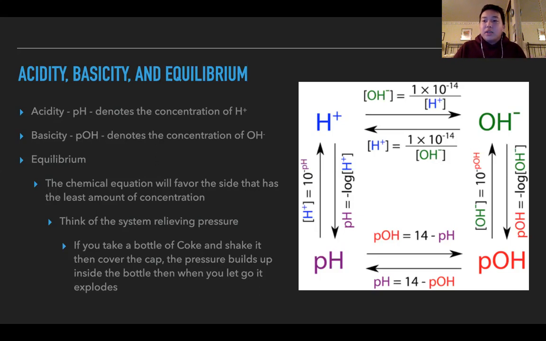If I open it, cover the cap with my hand and I'm shaking it, think of the inside of the bottle as one side and my hand and the outside as the other side, right? So I'm shaking it, all that pressure is building up. So where does it want to go? Where does the Coke want to go? It wants to go out this way, right? So when I let go of my hand on one side, all the Coke's going to go out that way, right? So that's how you can think of equilibrium. And with that, I'm going to go to the problem set.